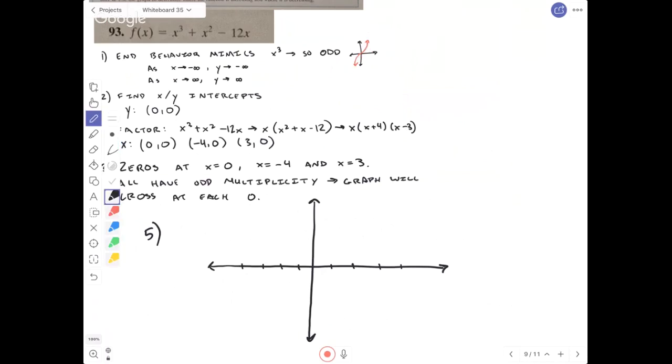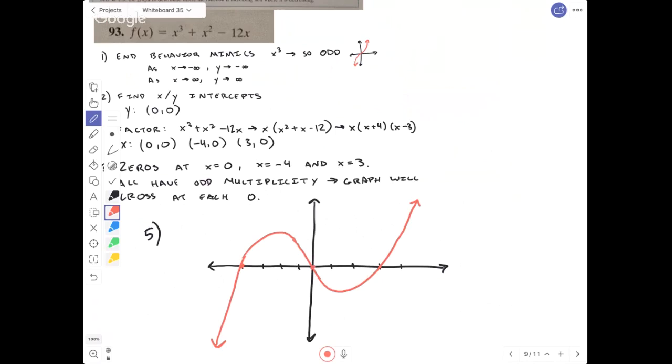So this graph is going to be coming up, and it's got a zero here at -4, and another one here at 3, and another one here at 0. It's going to cross at each zero. So we got something like this, and something like that, and then something like that. Ta-da!